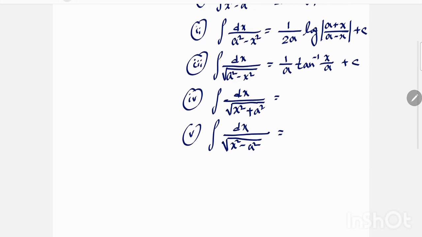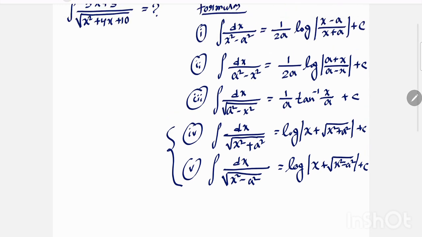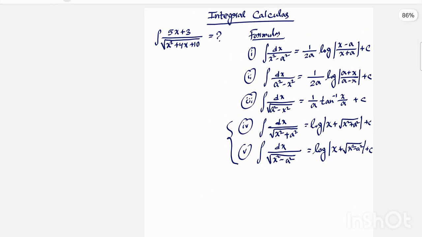In both cases we get almost similar formulas: log of x plus root over x square plus a square plus c, and log of x plus root over x square minus a square. The formulas are the same, just that if here it is minus, then there it is also minus. These are the 5 formulas which are very important. Now we will see our question.